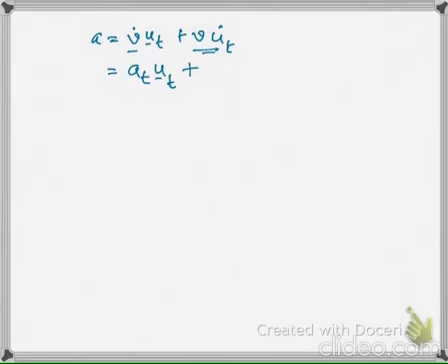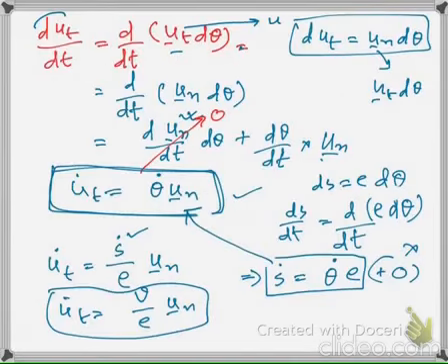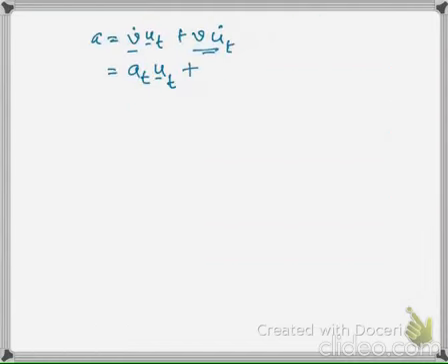And then for this relationship we just derived here, ut dot equals v over rho un.